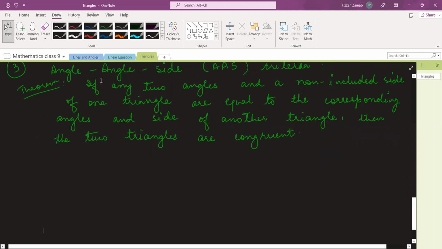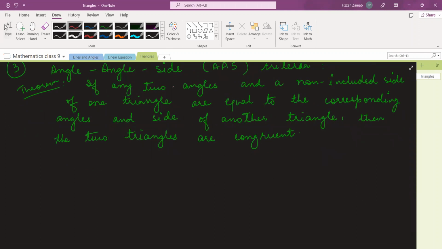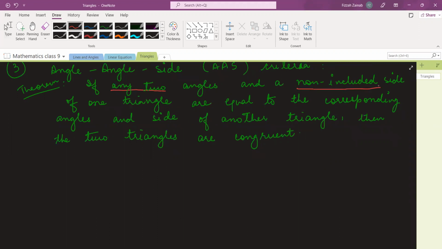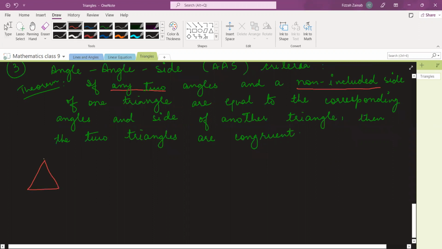Now try to understand. This is AAS, right? Look here, any two angles. Please underline any two angles and a non-included side. So that means you have two triangles, let me say ABC.